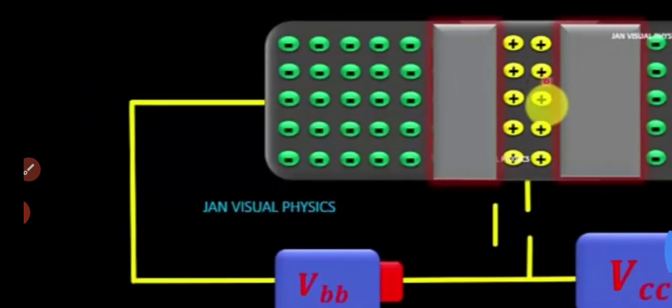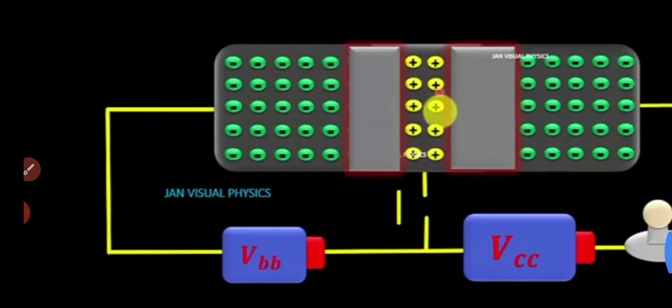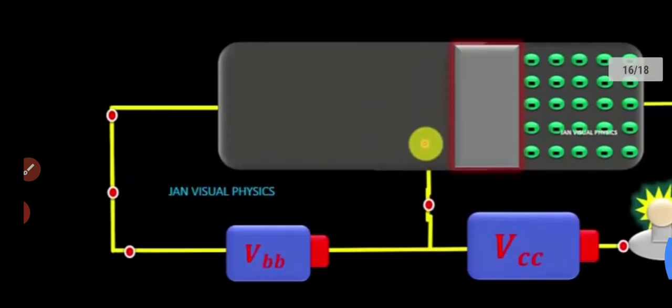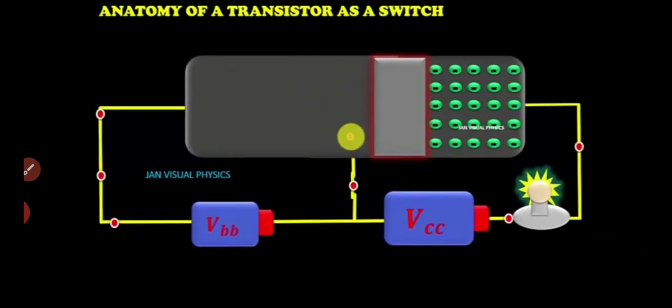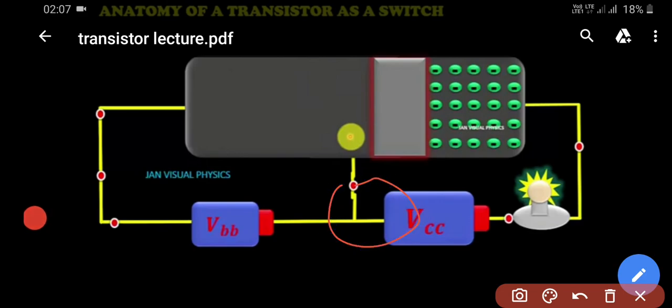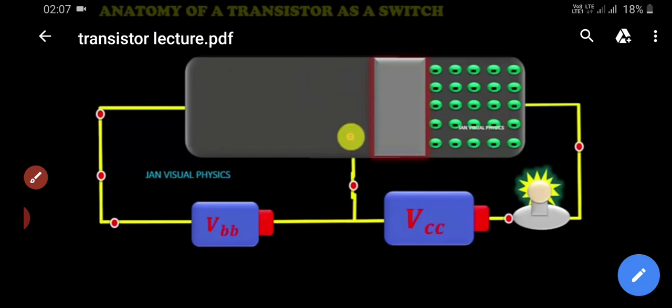Now we see the closed switch and saturation region. When we apply base and collector voltage to the transistor, current starts flowing when the base and emitter junction exceeds the cut-in voltage and the transistor works as a closed switch. There is only 2 to 5% base current because base region is lightly doped and size of base is small.